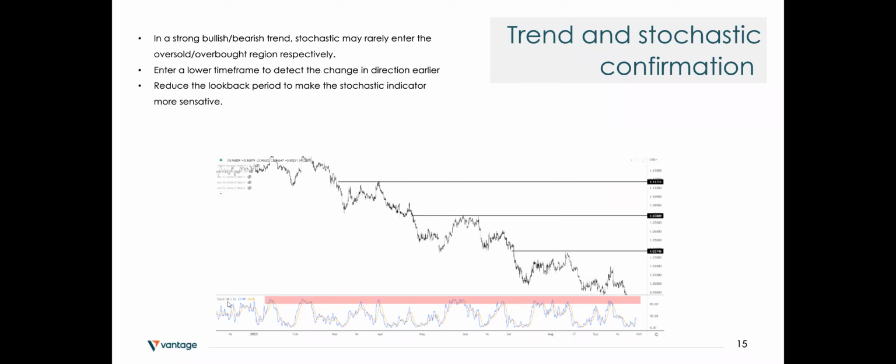So if you're using 48 on a daily time frame, 48 days is basically 2 months, right? So the chances that your stochastic actually enters your oversold or overbought region, it's rare. Whereas a 48 interval on 5 minutes, your look back is basically 4 hours. You might see more entries or more signals occurring on a lower time frame. So 2 things: lower your time frame or reduce the K period, the value of K in your stochastic.